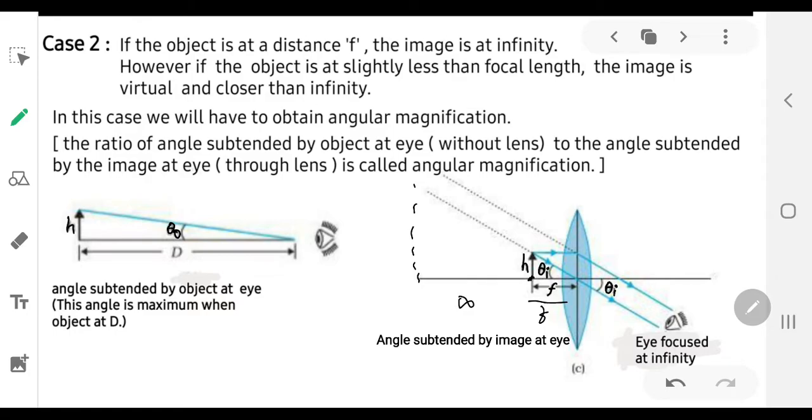At infinity the image formed will be inverted, but we want an erect image. For an erect image, what should be the object distance? Less than focal length.